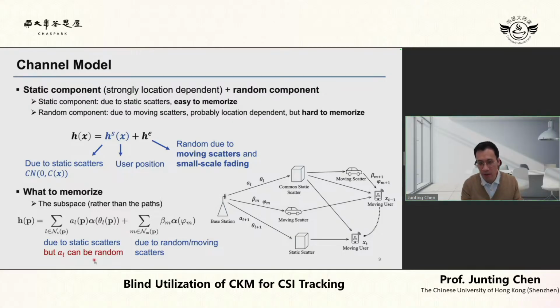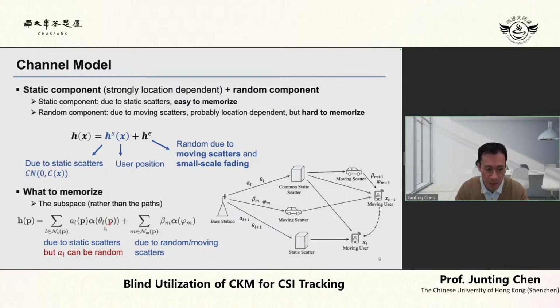Due to the small scale fading, due to the fact that if we move a little bit, then the channel phase will substantially change. And this is also due to some practical issues. For example, the antenna pattern may not be a perfect sphere, and the way you hold your phone or the gesture of the phone may affect the antenna pattern and affect how the antenna responds to different paths. So this component is random.